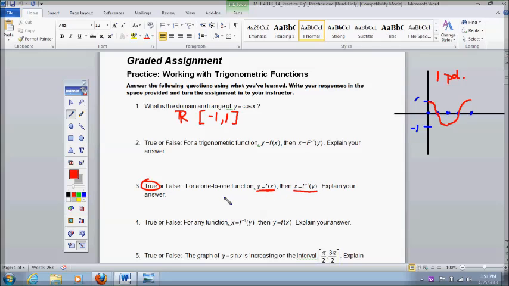That's what one-to-one means. Now, using that information and going back to number 2, it says true or false. For a trig function, if y is equal to f of x, then x is equal to capital F inverse of y. Remember when we talked about trig functions and their inverse? Let me clear this out.